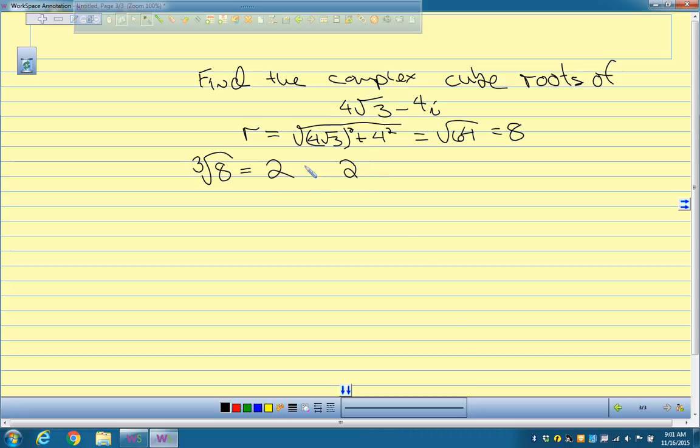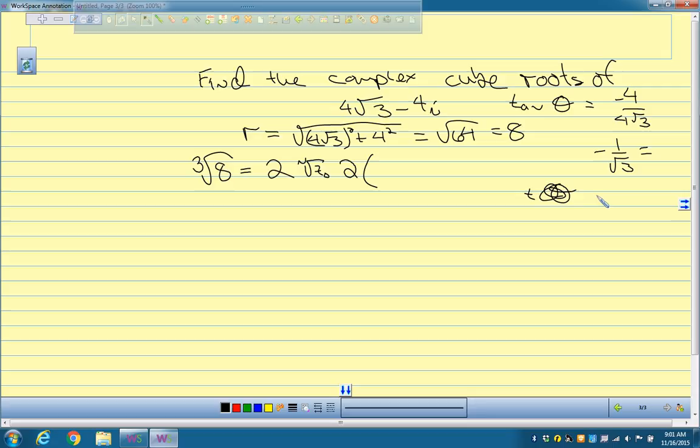So the nth root of z sub 0 is going to be 2. First you have to find theta. The tangent of theta is equal to negative 4 over 4 root 3, which is equal to negative 1 over root 3.